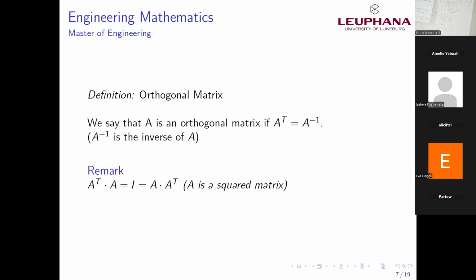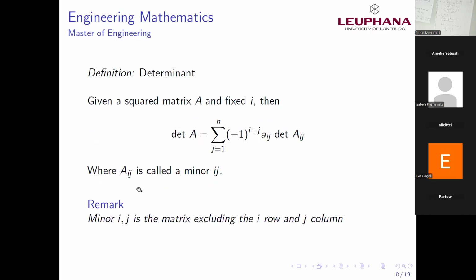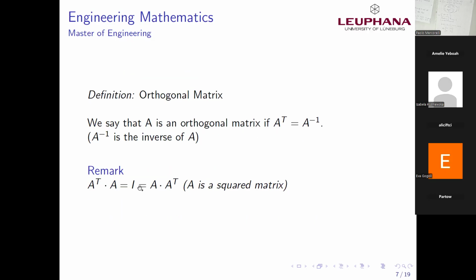But at this moment, let me go ahead with this. Later we will see some possible property of an orthogonal matrix. But itself is, let me say, a reflexive property.